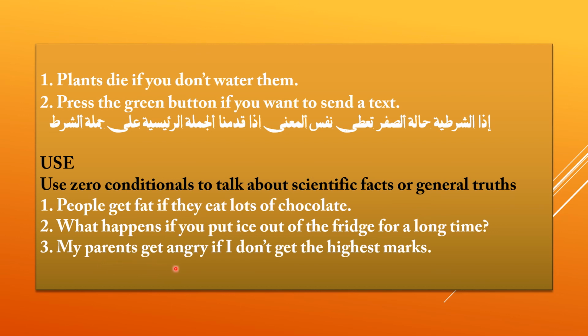My parents get angry if I don't get the highest marks. This is a general truth. My parents, the subject, get is the present simple verb, angry the complement, if in the middle, so this is the main clause and this is the if clause.